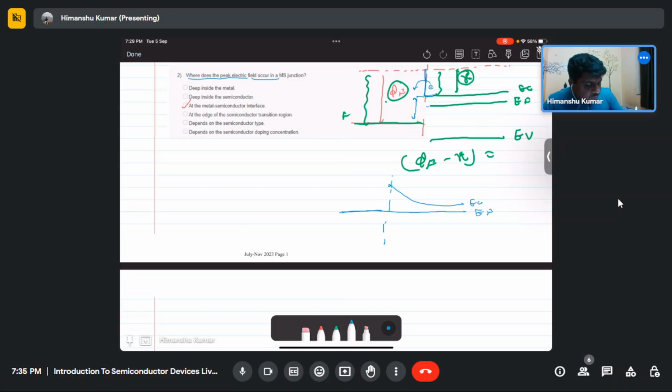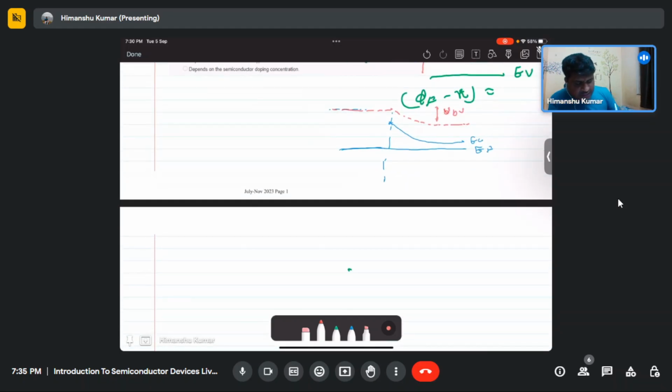If you want to write the vacuum level also, you need to do the vacuum level bending like this. This is basically known as the built-in potential, VBI.